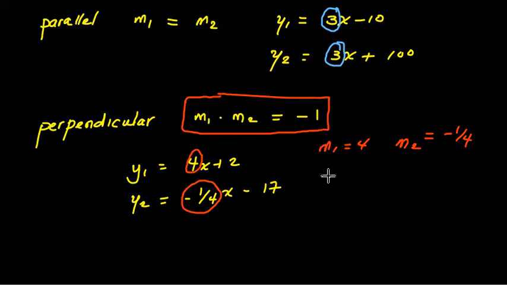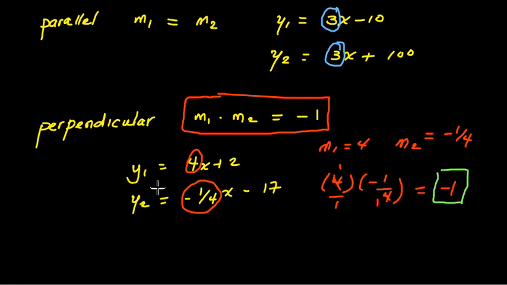So let's try that. 4 multiplied by minus 1/4. And you know how to multiply fractions, right? 4 is basically 4 over 1. So these two cancel, 1 and 1, and we're left with minus 1. So lo and behold, when I multiply m1 and m2, I got minus 1. These two lines are perpendicular to each other. The other two lines are parallel to each other.